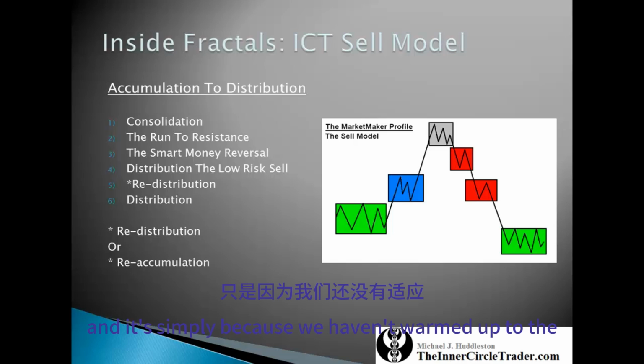And it's simply because we haven't warmed up to the discovery of what it looks like and understanding what it looks like and how it becomes evident in price action.